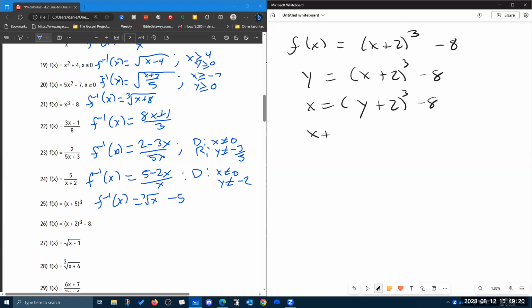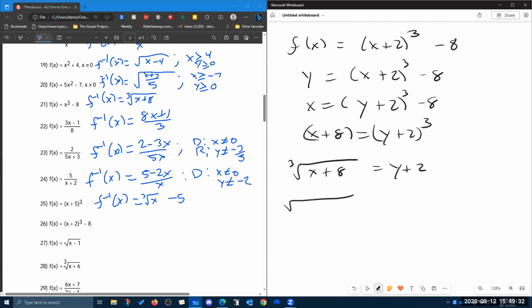Going to solve for the new y. Take the cube root of both sides. Subtract 2. My inverse function is equal to the cube root of x plus 8 with a minus 2 on the outside.